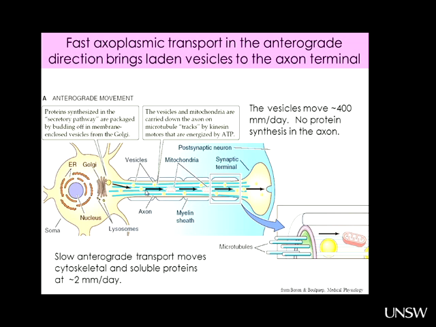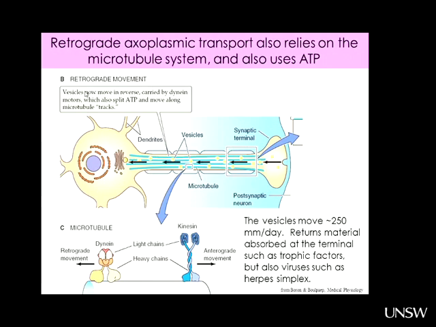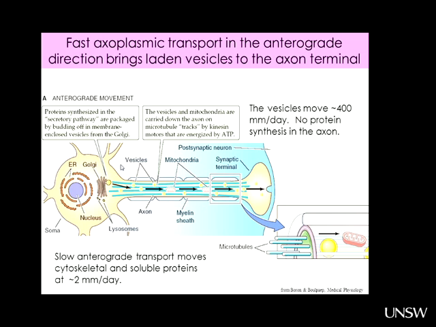carried by particular molecular motors. So we've got transport going down towards the terminal, which we call anterograde transport, and we've got retrograde transport from the terminal back to the soma. These are pretty, well, depends how you think about it, 400 millimetres a day.